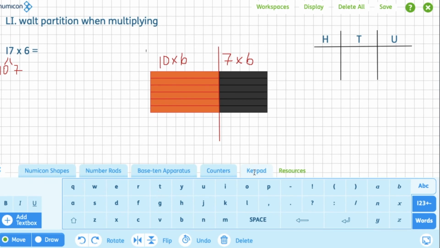So again, if I'm going to write this out properly, I'm going to write in brackets 10 times 6. I'll move that up here where it should be. So 10 times 6 plus, then in brackets again, 7 times 6. And I'm going to have 10 times 6 again.